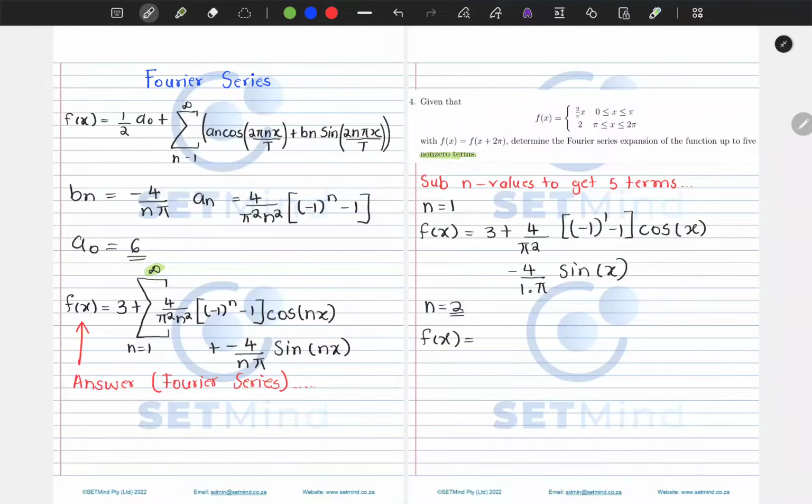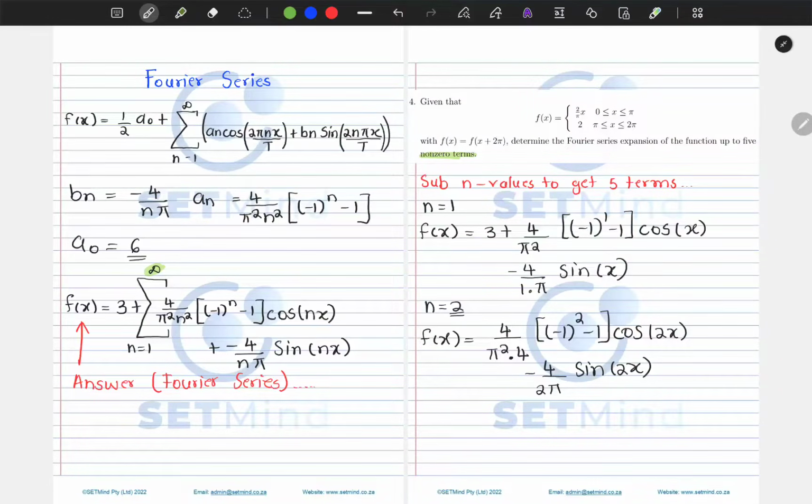So I'm going to remove it here and then only focus on the other part. So I'll have 4 over pi squared. And if you look carefully, our n squared will end up giving us 4. And then open bracket, we'll have negative 1 to the power of 2 minus 1. And then we'll have cos of 2x. And then minus 4 over 2 pi. And then we'll have sine of 2x. And we'll eventually add these, okay?